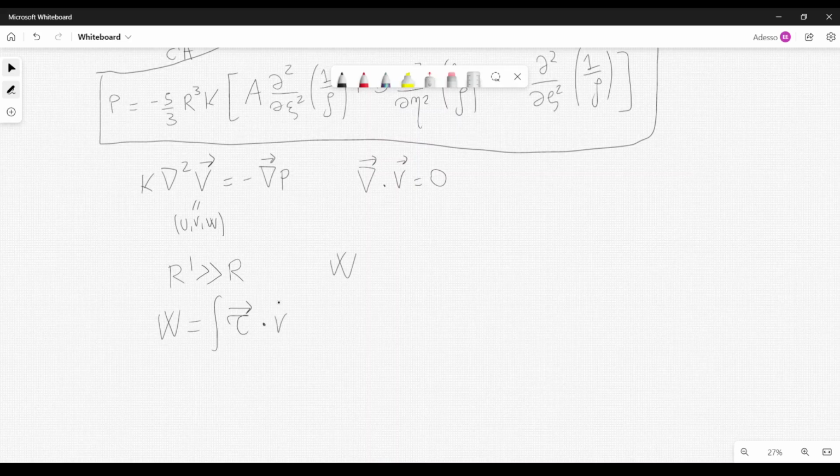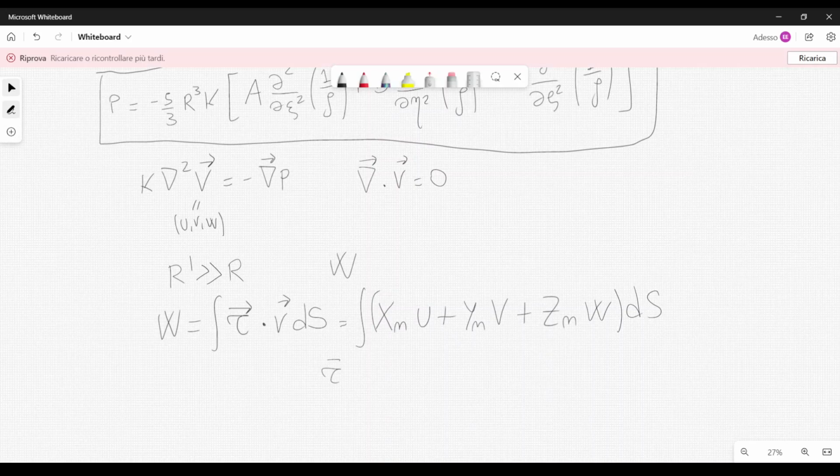Dot product with the velocity times the element of the surface dS. We can also rewrite it by using components: xn u plus yn v plus zn w times dS. So this is just the dot product written out in all its components.